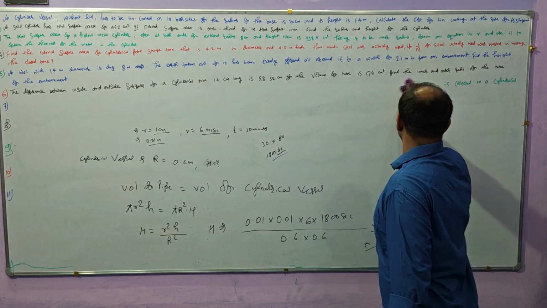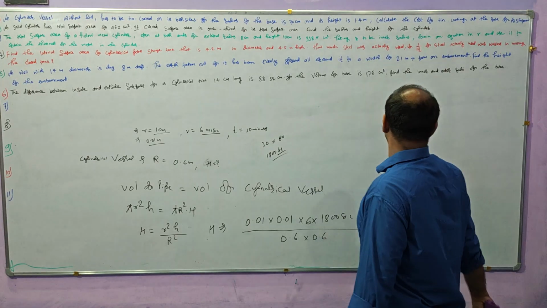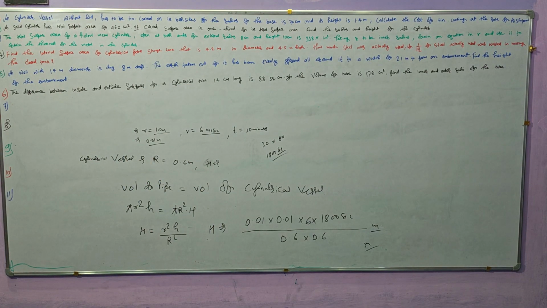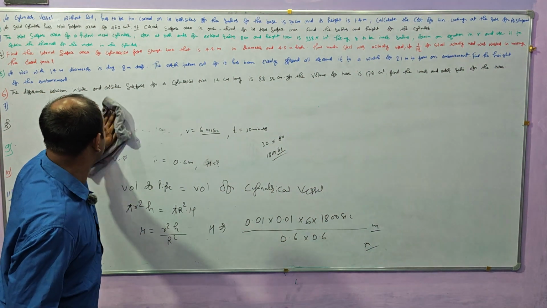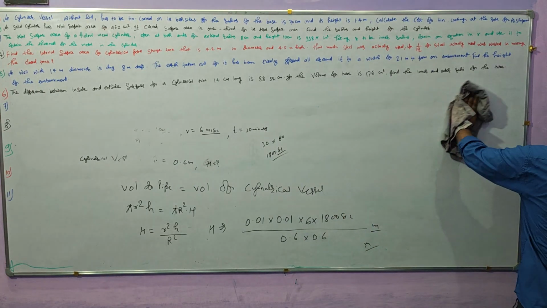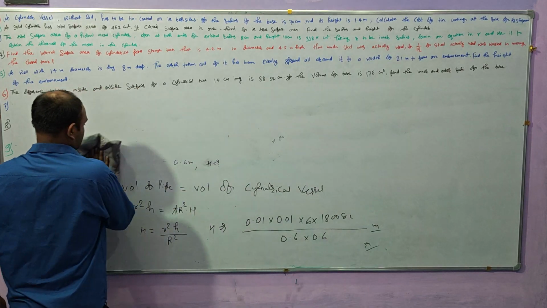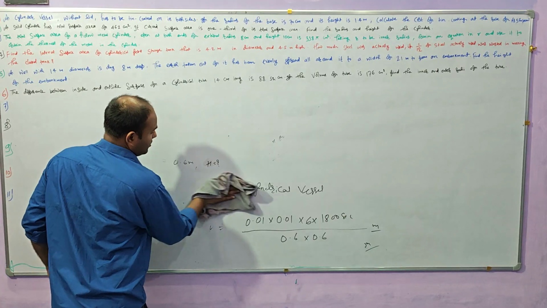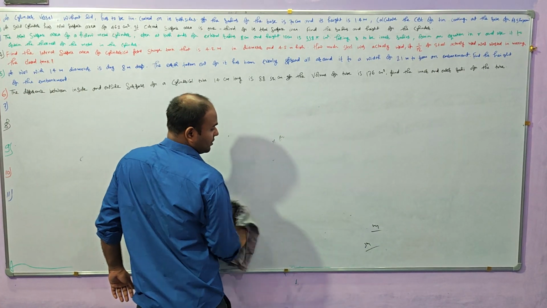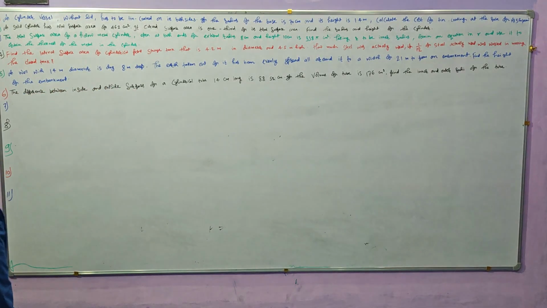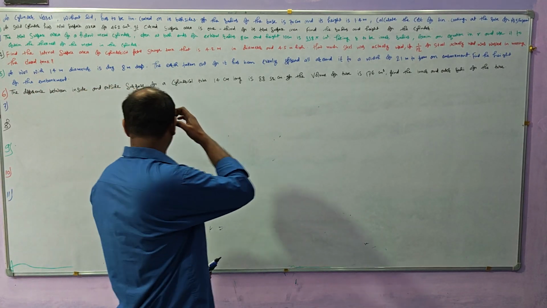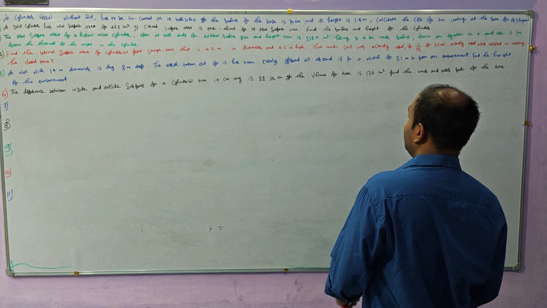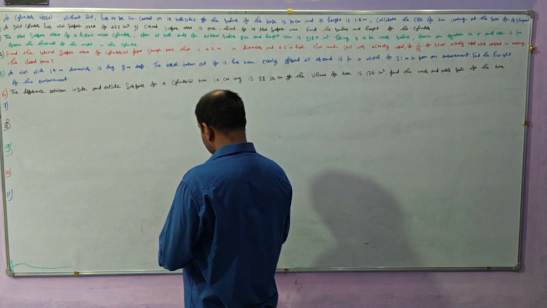If the volume of the tube is 176 centimeter cube, find the inner and outer radii of the tube.